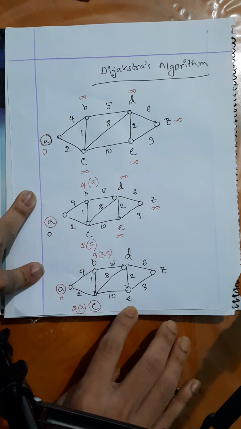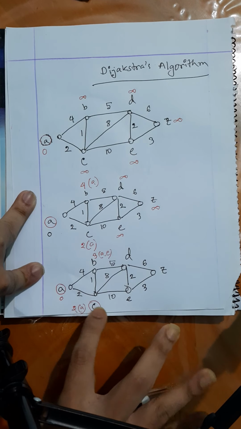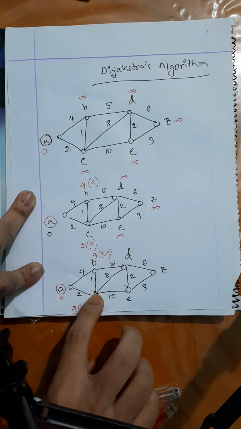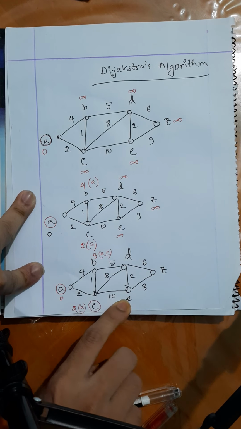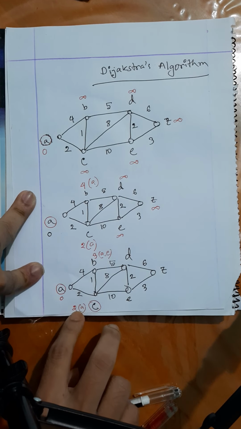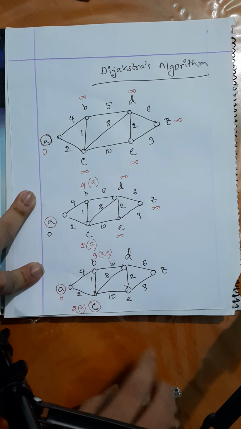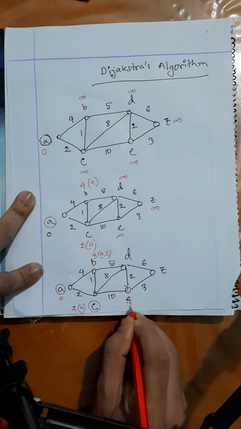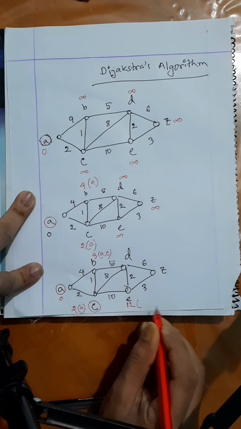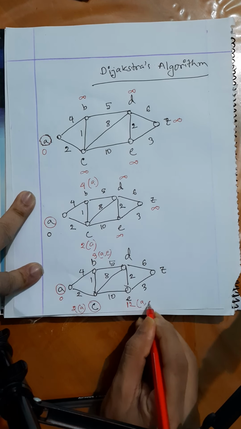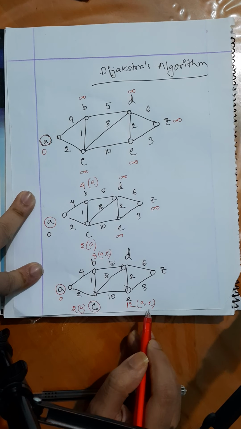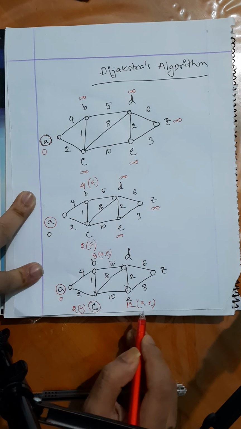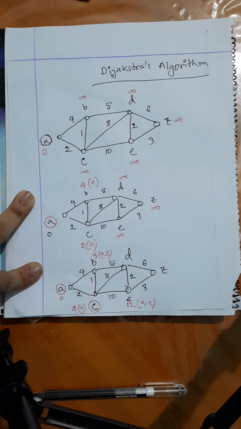The distance value of E is going to be 12, because from C we can go to E with a distance of 10, but C already had a distance value of 2 that comes from A. So 2 plus 10 is 12 for E. The path is A comma C, because we are coming exactly from C and C also comes from A.